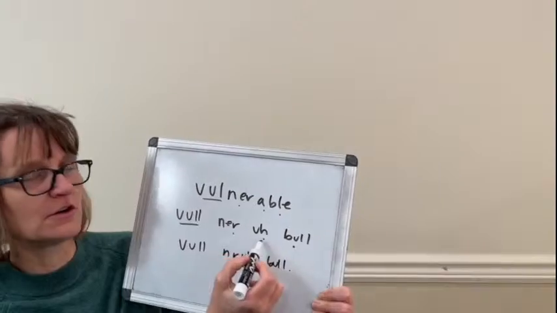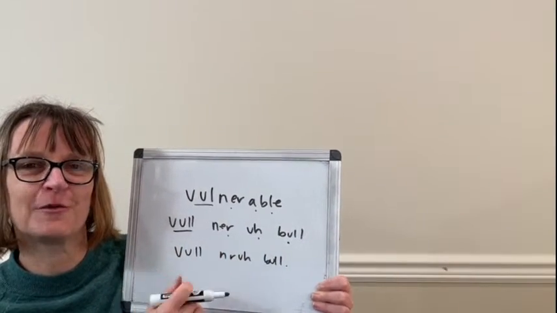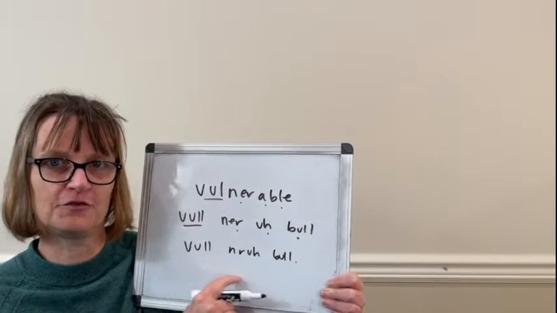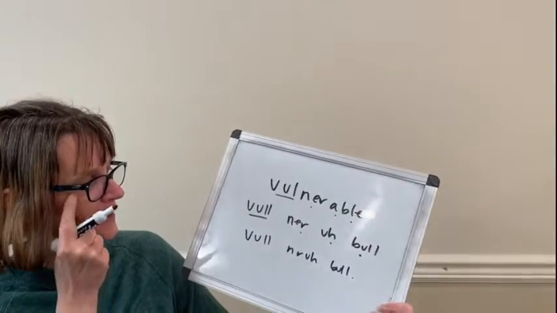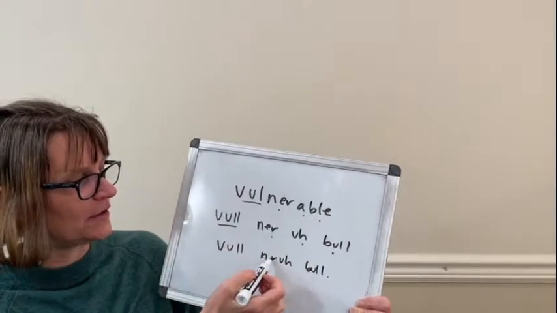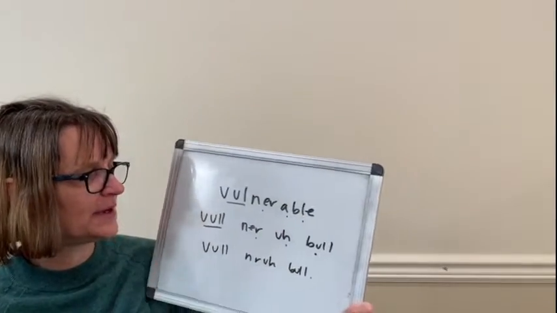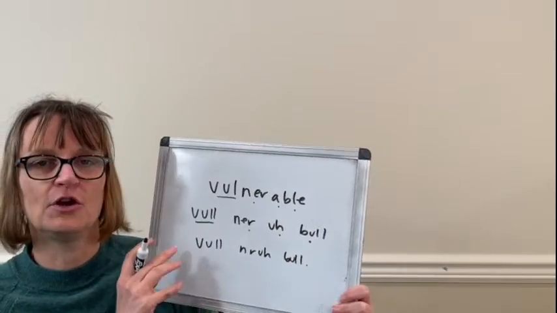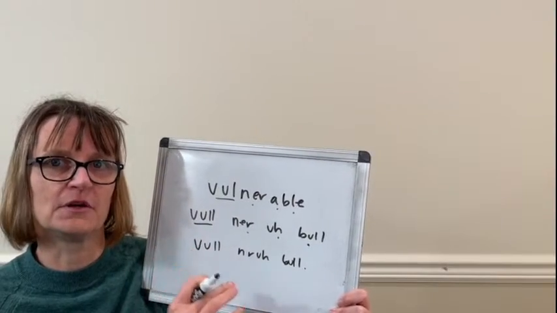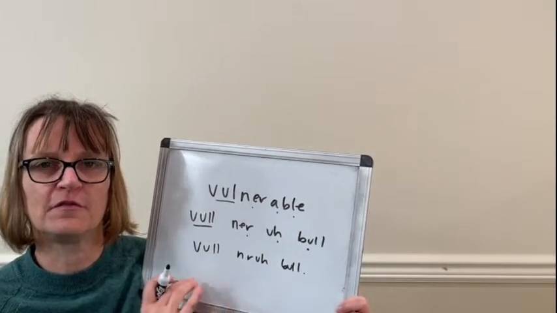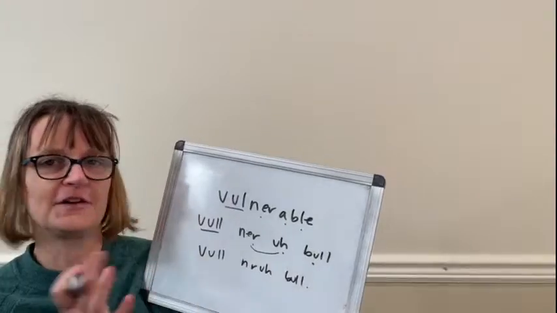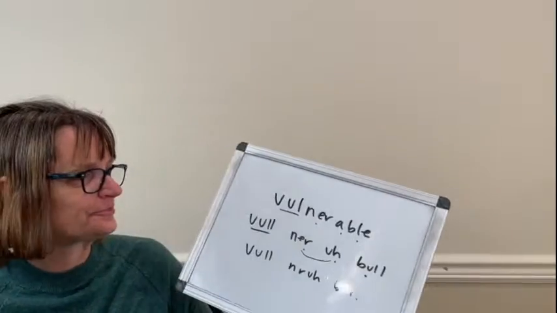So rather than "nera", those two syllables go fairly quickly, and you'll hear people saying "vulnrable". We can't go directly from the N to the R, so that syllable's a tiny bit there, but just notice that you don't want to be too slow, but rather quick. These two go very fast and kind of get squished together.